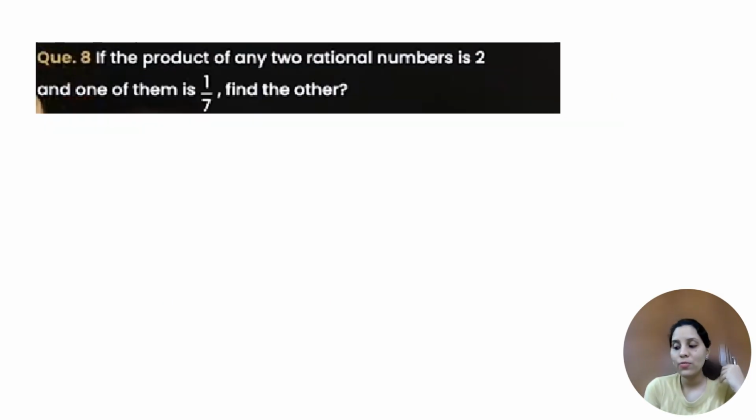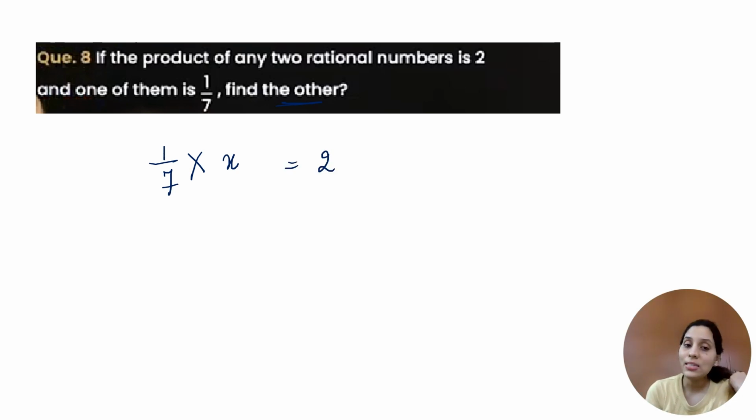The product of any two rational numbers is 2 and one of them is 1 by 7. So here one rational number is 1 by 7 and the other rational number we don't know. We need to find the other, so I've taken it as x. The product of these two is equal to 2. It is very easy.